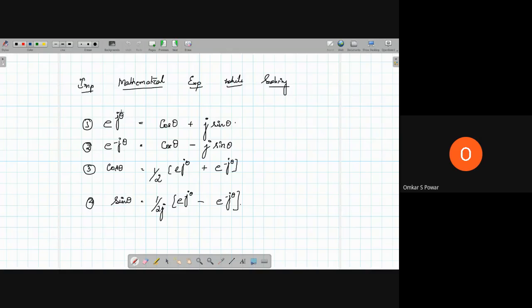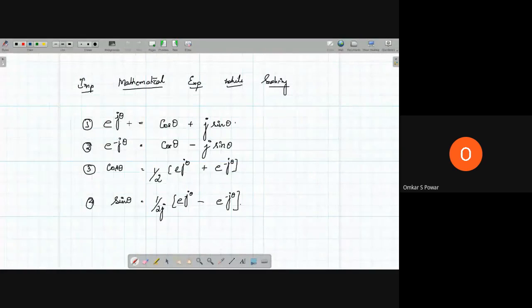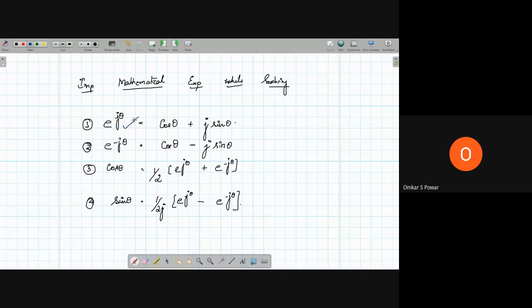Before stepping into problems, let's see some mathematical expressions. I know most of you will know them, but just a refresher for you. e power j theta, how can you express it? Cos theta plus j sin theta. e power minus j theta is cos theta minus j sin theta. Then cos theta, how can you express?